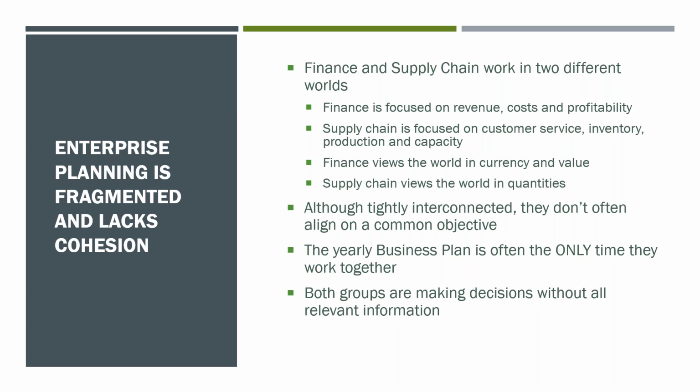So as the plan comes along, the supply planning team and the forecasting team are working on quantities, and the financial organization is looking at things like revenues, and those don't always come together in a strategic way. What happens is both groups are making decisions without all the relevant information.